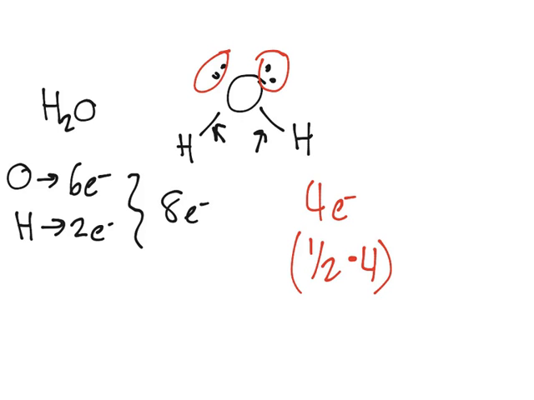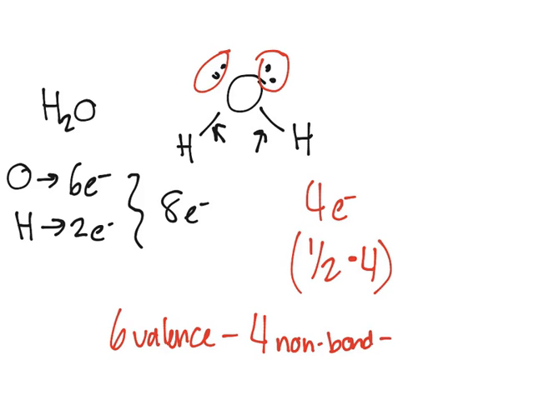So you do valence electrons, 6 valence, minus 4 non-bonding, those are the lone pairs, minus 1/2 of 4, which is 2, and that gives you 0 as the formal charge.